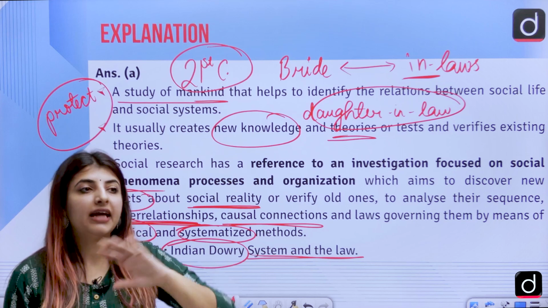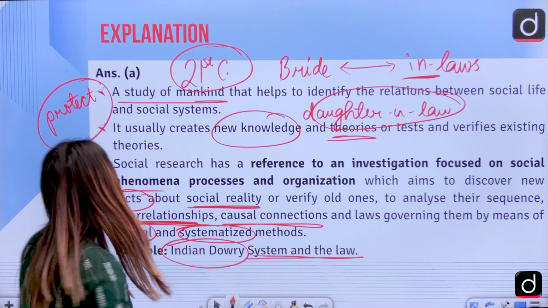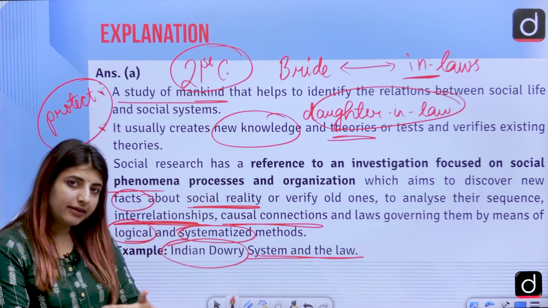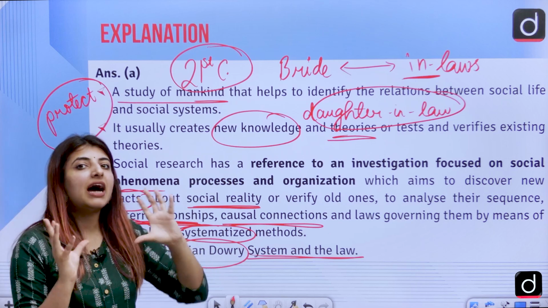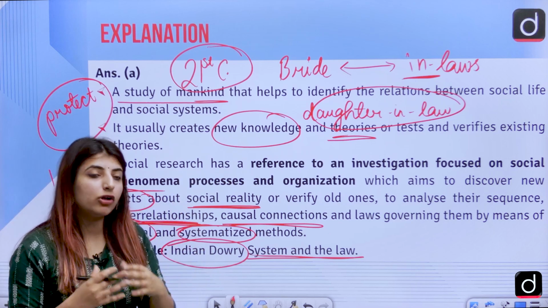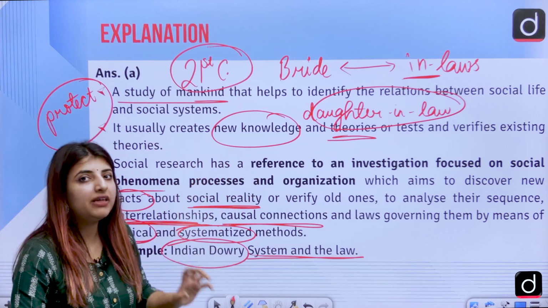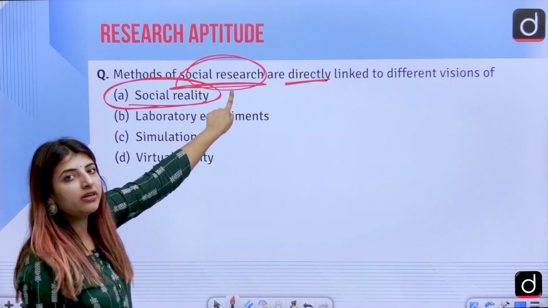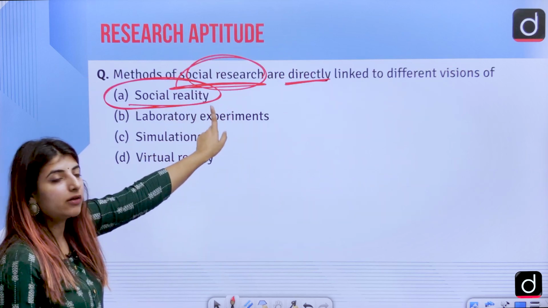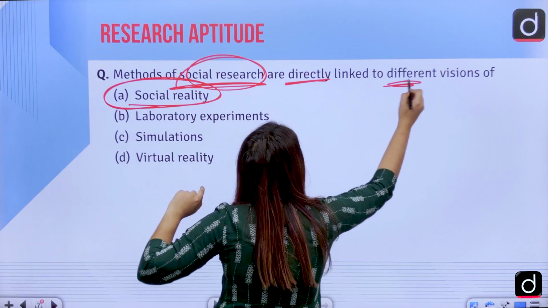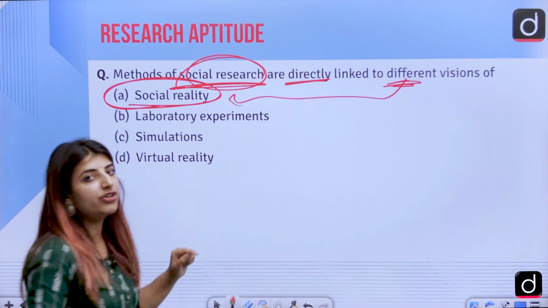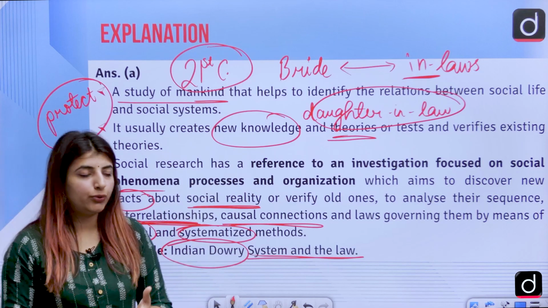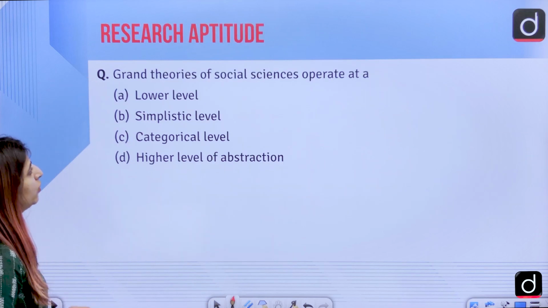It would have had nothing to do with how a girl should be treated in her in-laws' family, but because of how people are conditioned, that is also something which can be seen in social research, because it talks about the relation to the different versions of social reality. And I gave you an example which can be relatable to you to some extent in the Indian context.